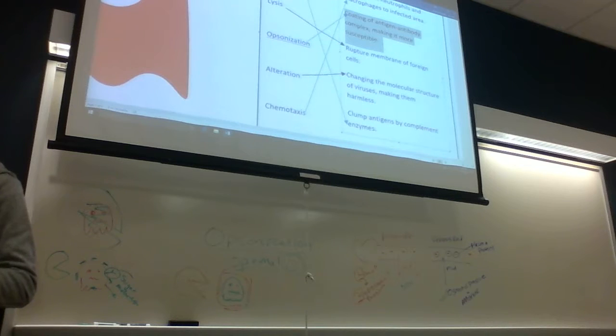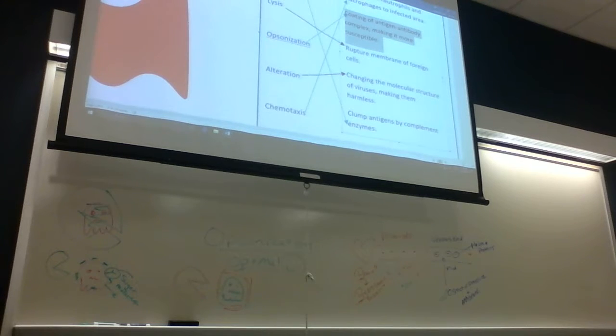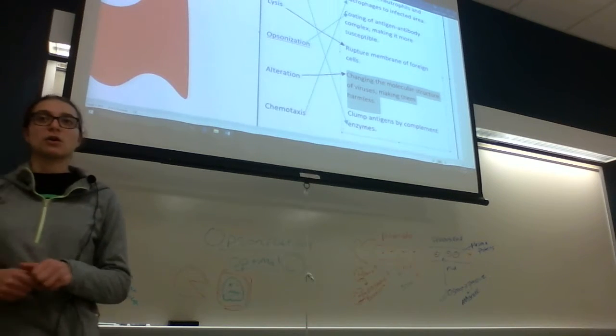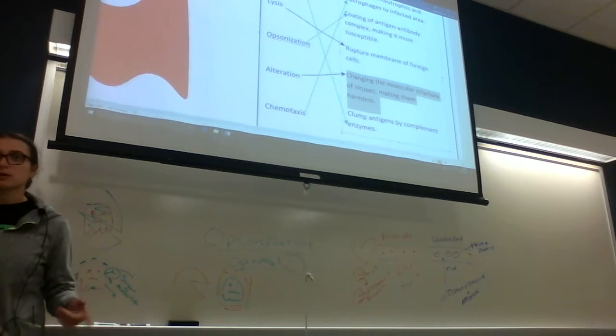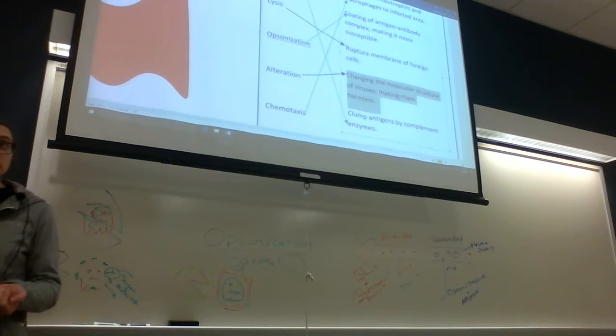The next thing we have is alteration. Which one are you on? Are you still writing? No. Okay. So alteration is the changing of molecular structure by viruses to make them harmless. The thing about viruses that makes them dangerous is, if you look at a battlefield full of people, their knives, their swords, their bow and arrows, that's what makes them dangerous.